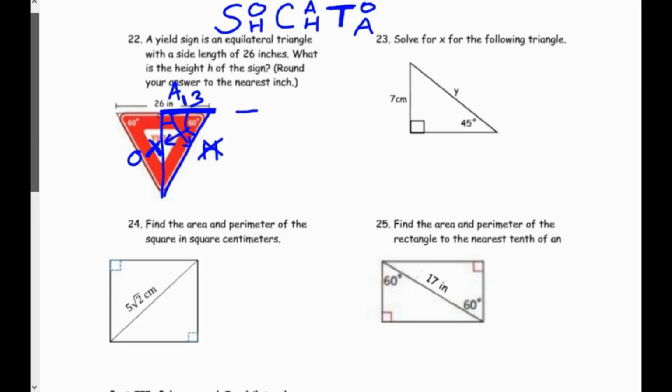So I'm going to write tan angle 60 equals O over A, x over 13. And then how do I get rid of that divided by 13? Times 13. So I need to do tan 60 times 13.